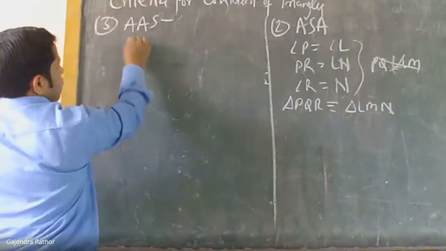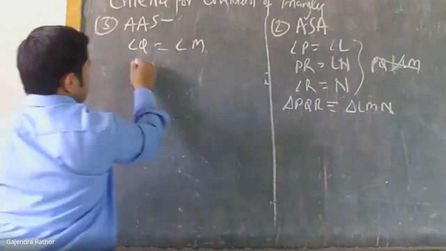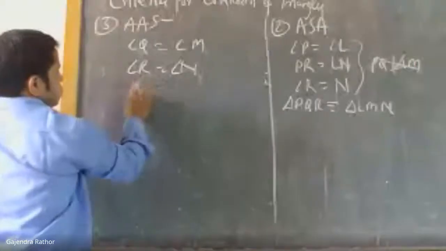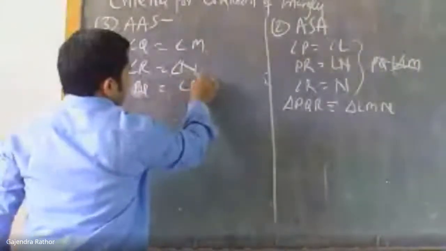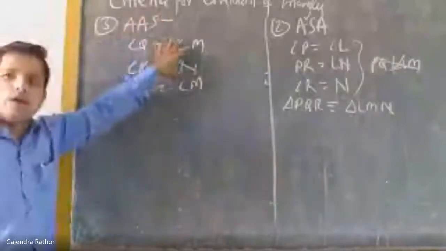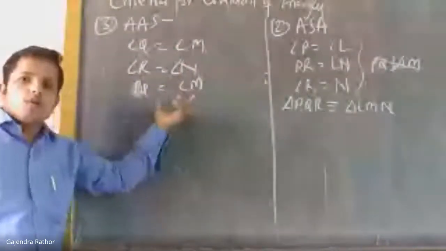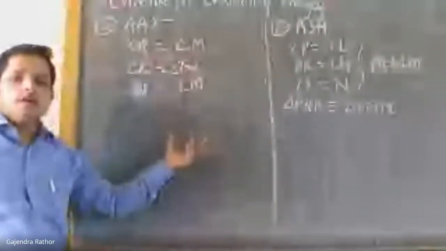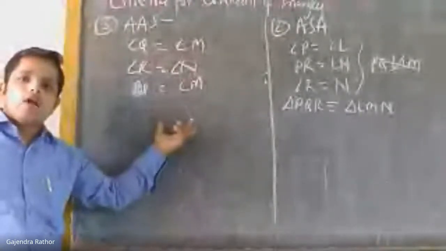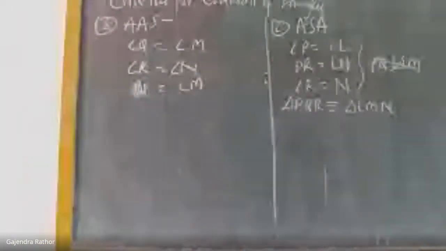So if angle Q is equal to angle M, angle R is equal to angle N, and side PQ is equal to LN, then the triangles are congruent.